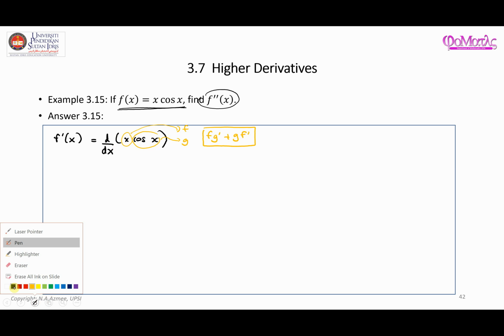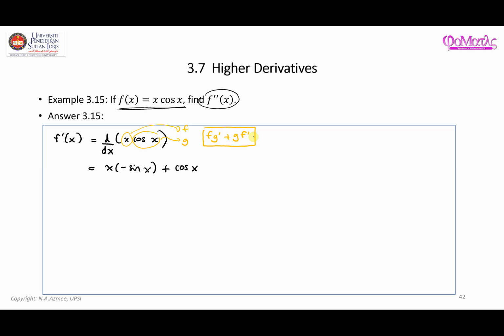So the result here is going to be x negative sine x plus, now g is cosine of x, and if you differentiate this you will get equal to 1. So the answer is negative x sine x plus cos x.